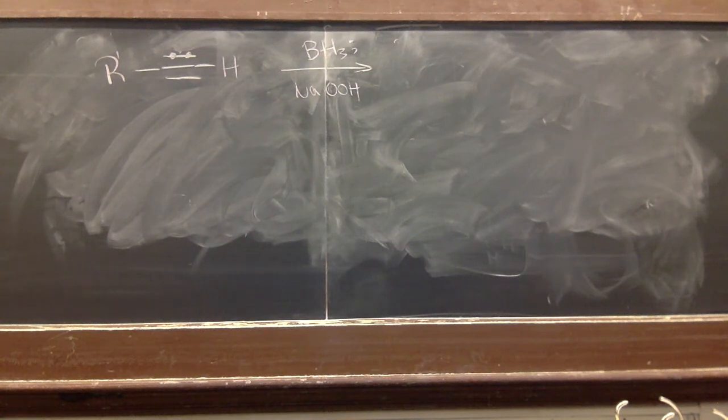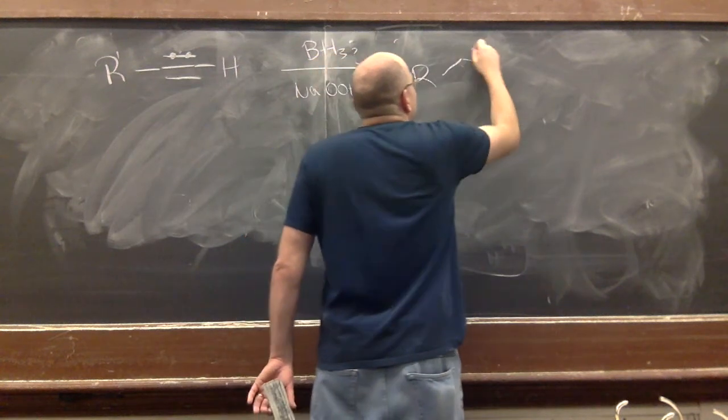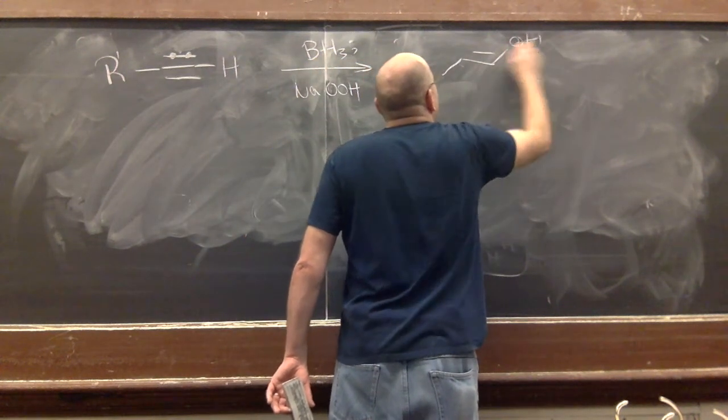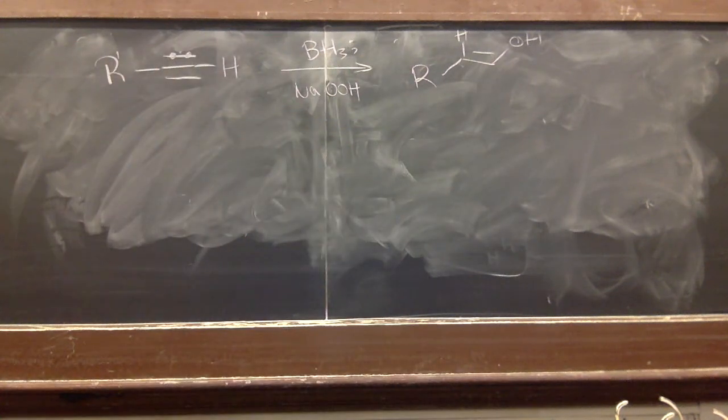So this is going to simply add the alcohol. I'm not going to go through the mechanism of it, given the time, but we do know that the borane adds across anti-Markovnikov, and so when we add across and we oxidize it back down, we're going to get that.